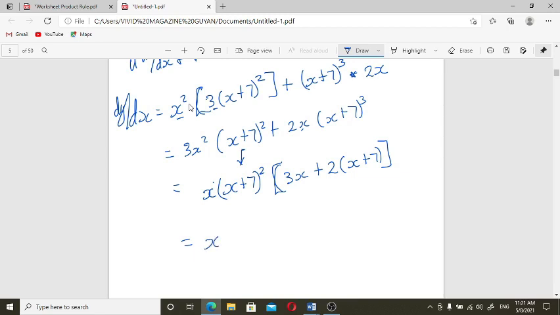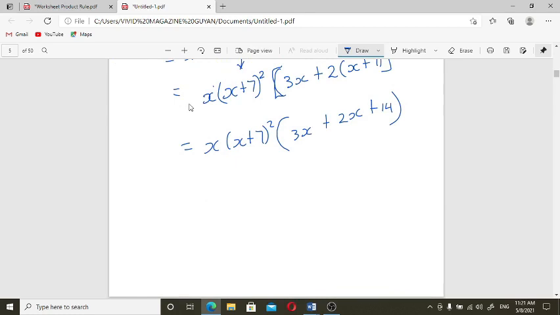So you'd have x into (x+7) squared of 3x plus 2x plus 14, and so this is equal to x(x+7) squared (5x+14). 3x plus 2x is 5x plus 14. And that's that. Alright.